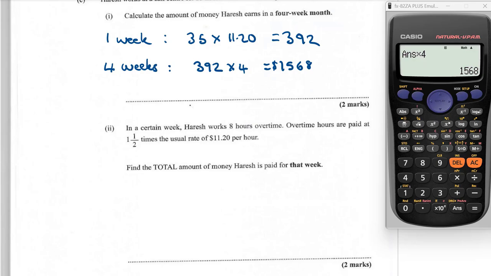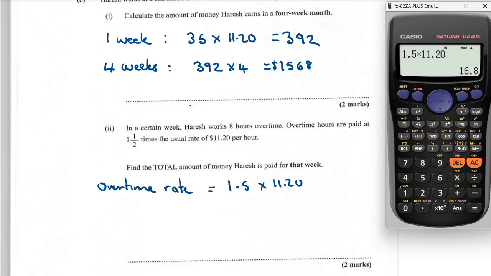So we need to find the overtime rate. So the overtime rate is equal to 1.5 times $11.20. So let's put this in our calculator. 1.5 times 11.20.